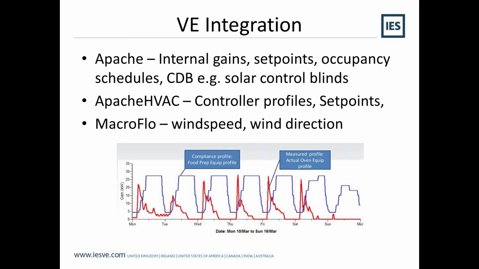What we then have in the red line is actually meter data, which was taken from a supermarket, and it was a submeter which was serving an oven. So what we're now looking at with the red line is the real consumption of an oven equipment profile taken from site against the fictional NCM. And clearly you can see big differences.